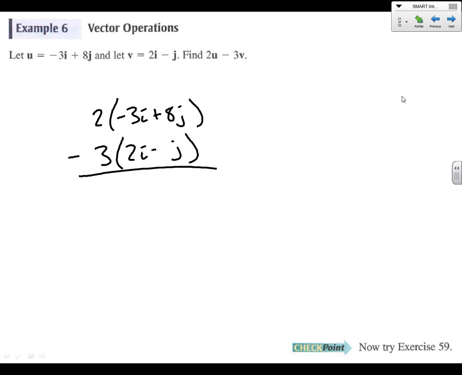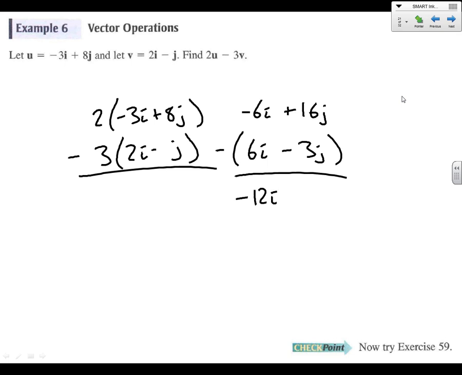And so that's going to be -6i plus 16j minus 6i minus -3j. And so -6 minus 6 is going to be -12i, and 16 minus -3 is 19j. All right, so again, just your basic addition and subtraction.